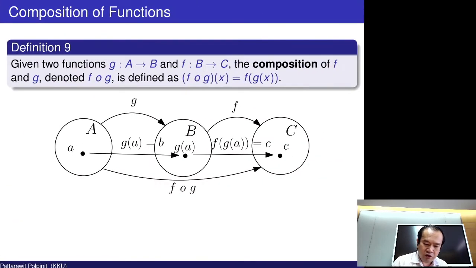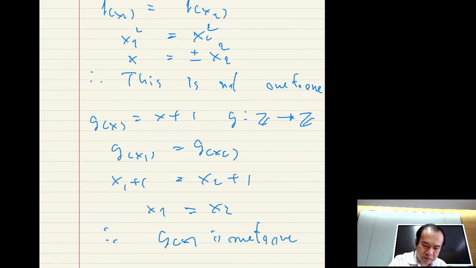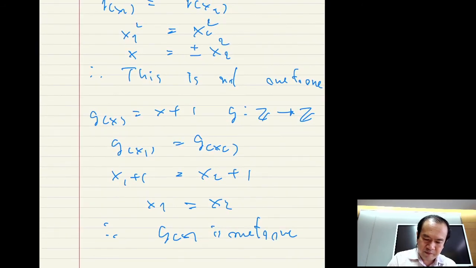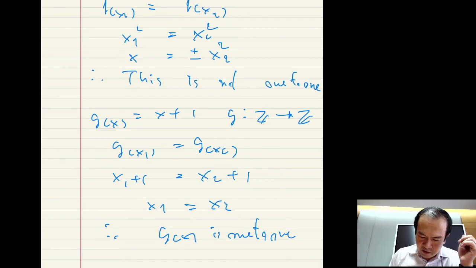Now, is it onto? Well, we can check. g of x equal to x plus 1, sorry.